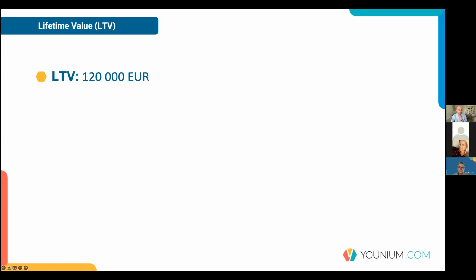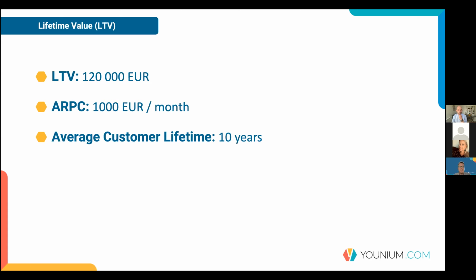And this you can also use to calculate how long they will stay with our service, right? But you need the average revenue per customer to do that. So let's, for the sake of simplicity, say that for our business, our average revenue per customer is 1,000 euros per month. And that means the average customer lifetime is 10 years. And these two are actually the two metrics you use to calculate the LTV. So you would still need these to get your LTV.